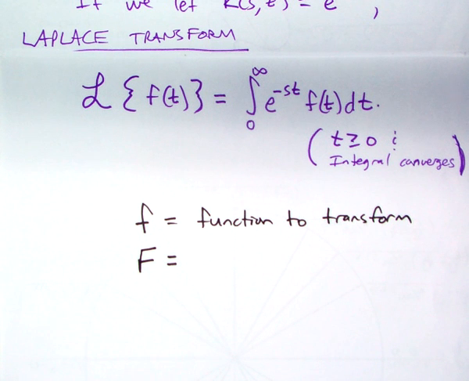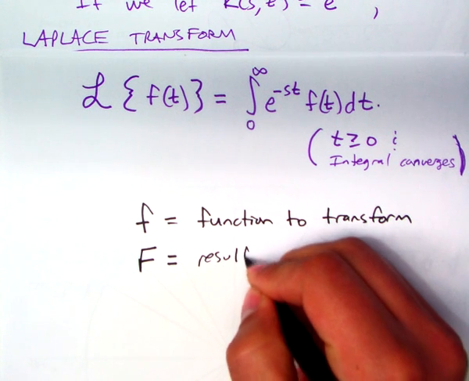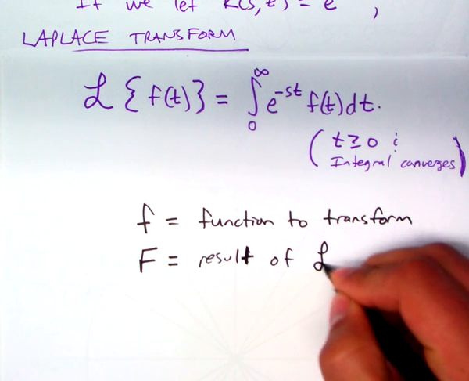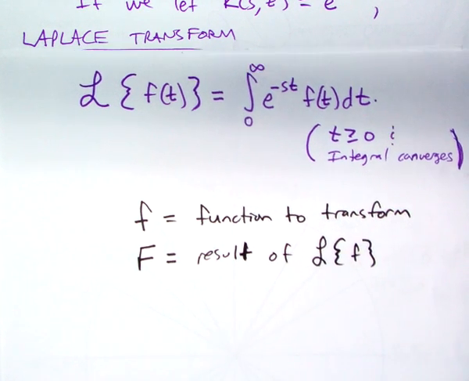So it's the result of the Laplace transform of f. A lot of the definitions will use capitals and lowercase, so just know that going forward, it will make life a lot easier.